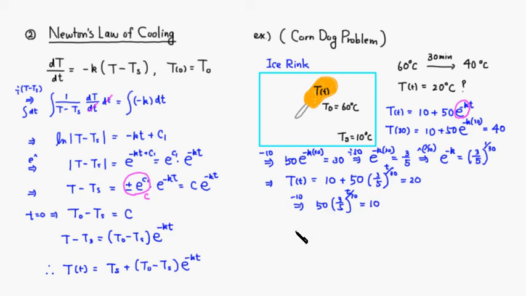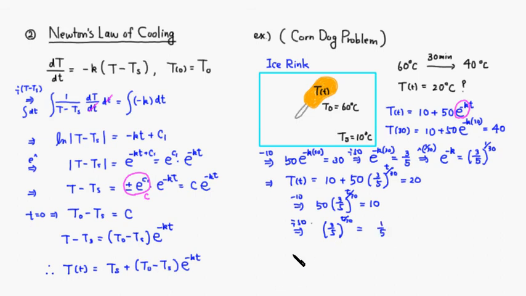Then I'm going to divide through by 50. So you get 3/5 to the t over 30 is equal to 10 over 50, which is 1/5.